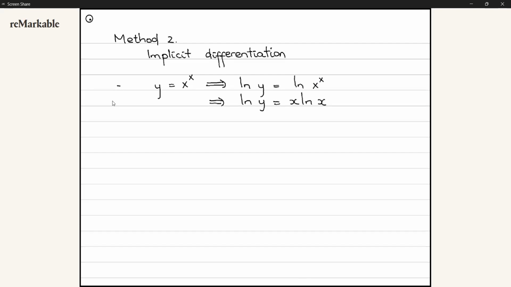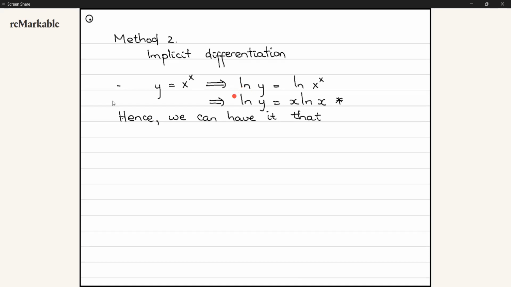And for me to get dy dx, the derivative of y with respect to x, I have to differentiate on both sides of this equation.